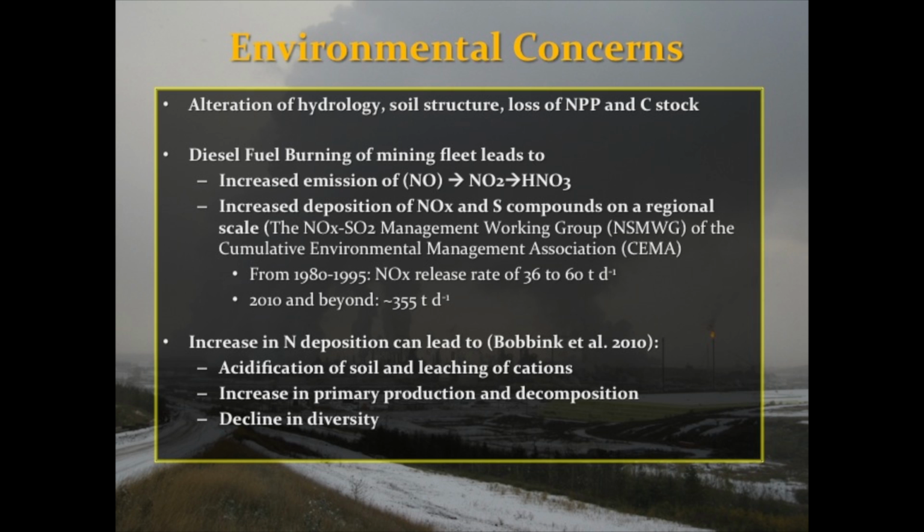And overall, it has been shown in various ecosystems that increasing nitrogen deposition could lead to acidification of soil and the leaching of cations. As a result, you can also have an increase in primary production as well as decomposition, and an overall decline in biodiversity.